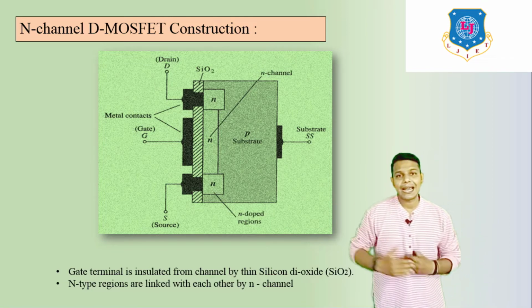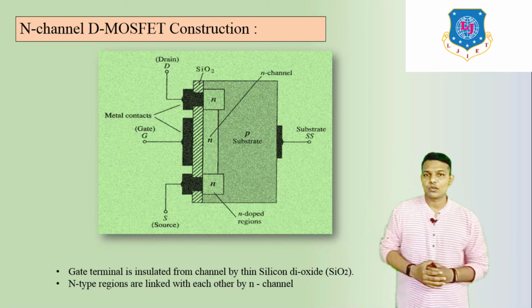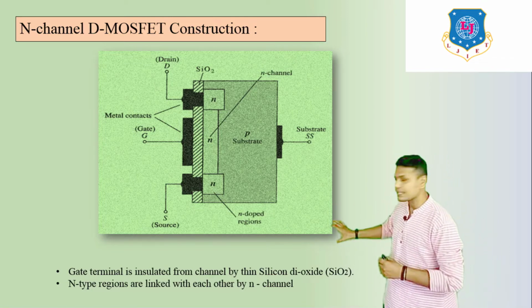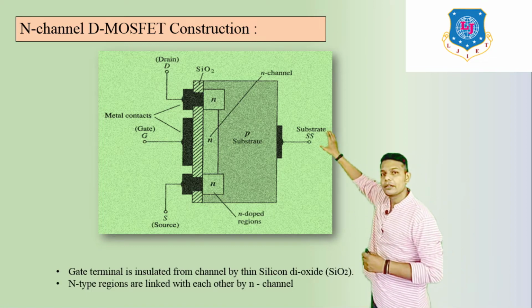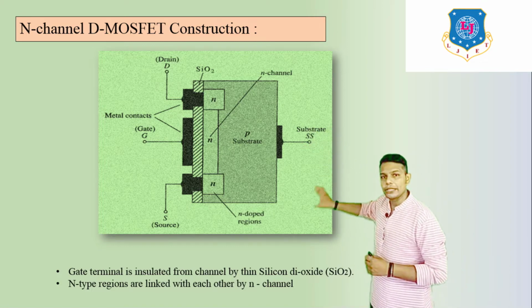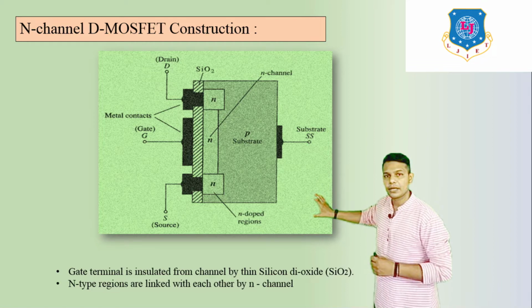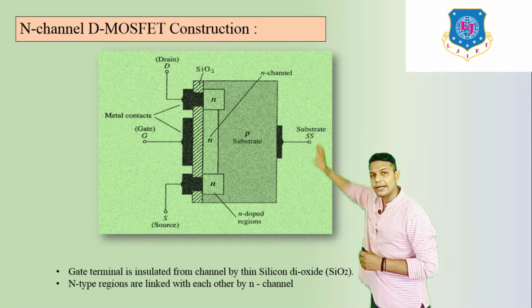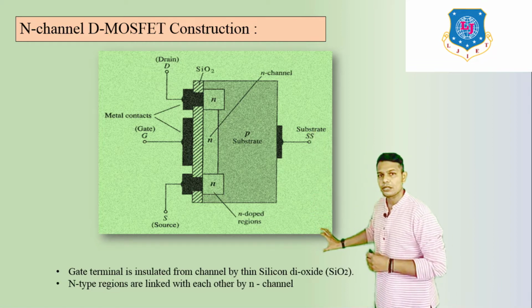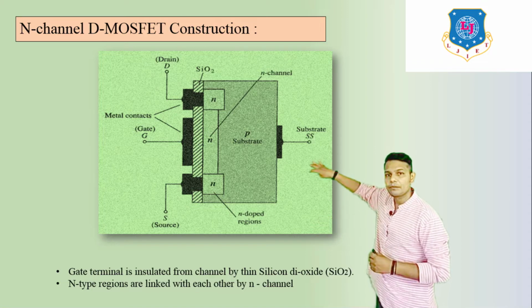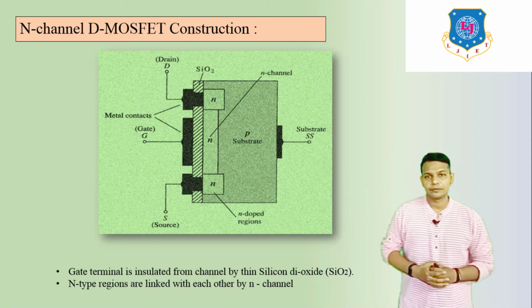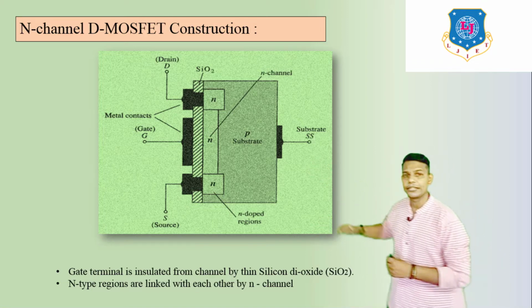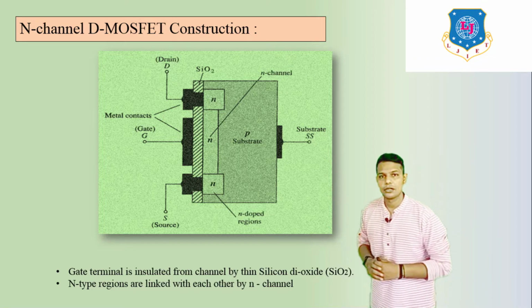Now this is the N-channel D-MOSFET. That's why here we can see the source and drain are connected to the N-type region, and between this N-type drain and source there is a channel, which is the N-channel, connected to the drain and source.